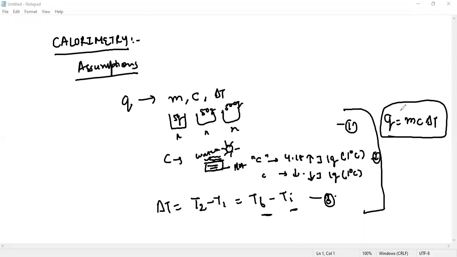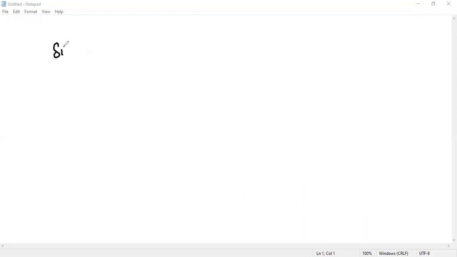Now moving on, we want to understand the signs of Q. Q can be positive, Q can be negative. These two possibilities are there. To understand what a positive value and a negative Q value mean, let us suppose we have this chemical system here, and then we have the surroundings here.